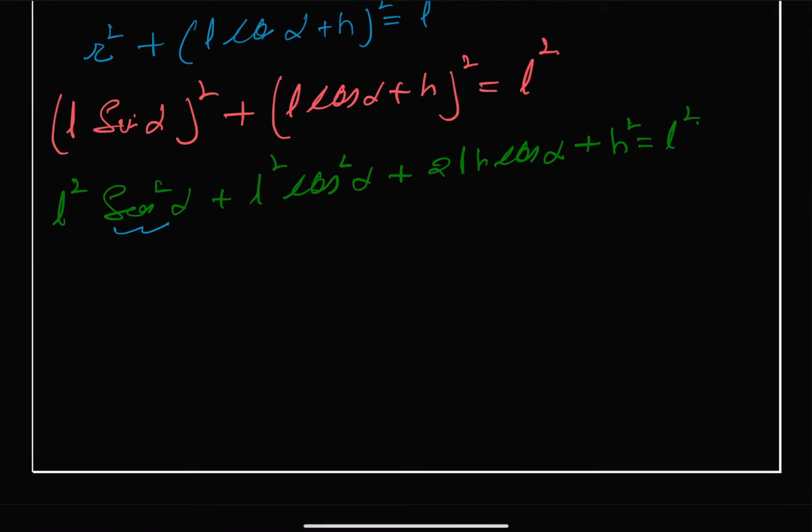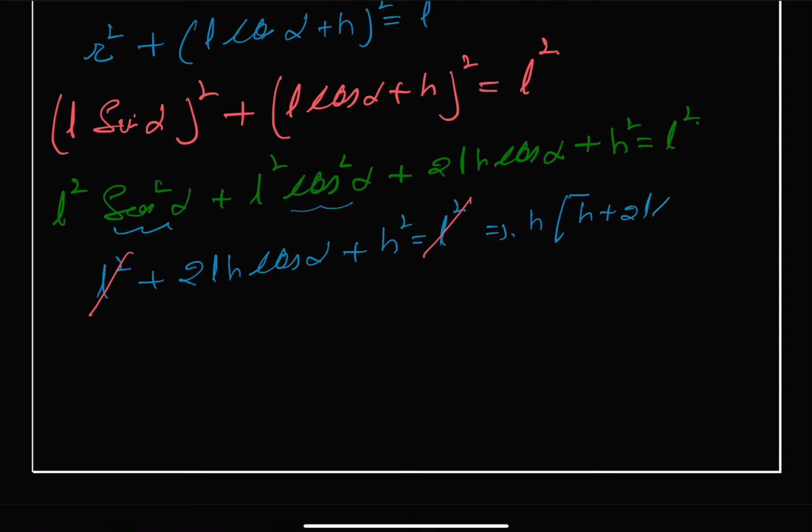And from here sine square and cos square will give us 1, so we will be left with L square only. So we get L square plus 2LH cos of alpha plus h square is equal to L square. Here L square and L square cancel out, so if we take h as common, this comes as h times h plus 2L cos of alpha is equal to 0.